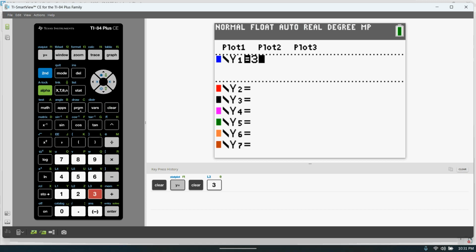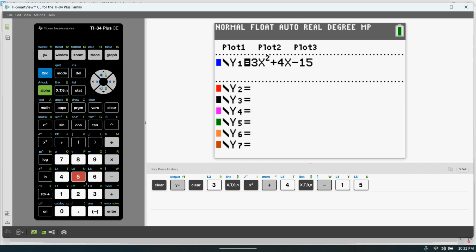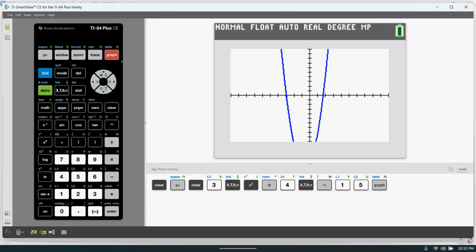We're going to type in our 3x squared plus 4x minus 15, okay? And the way you're going to have to check is by looking at the graph, because if your graphs turn out to be the same, then it is equivalent, okay? So if I look at this graph, there it is, boom, okay?